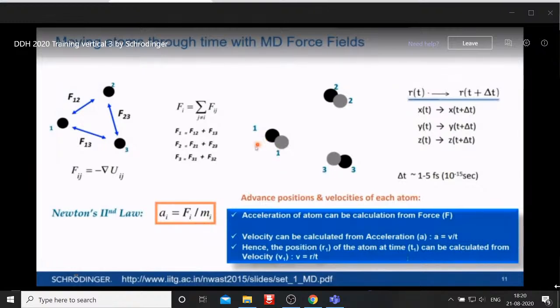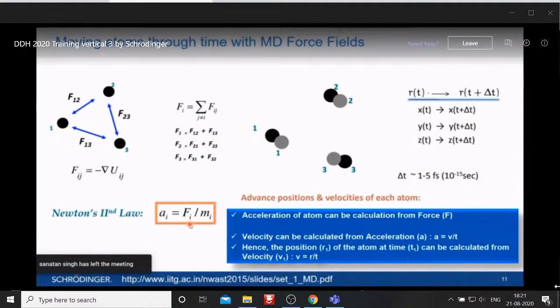Here you can see where force comes into the picture. Force comes because of intermolecular interactions, and there are ways to calculate those interactions on each atom. The mass of an atom is a scalar quantity and it is constant for an atom.